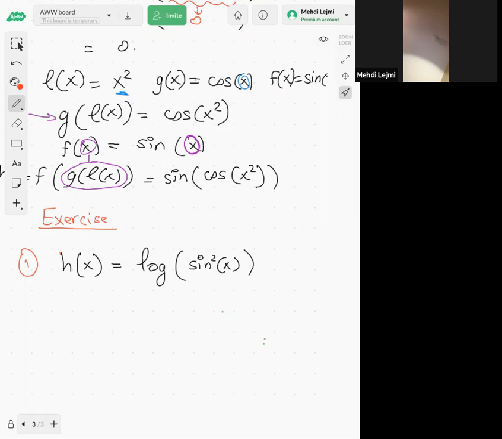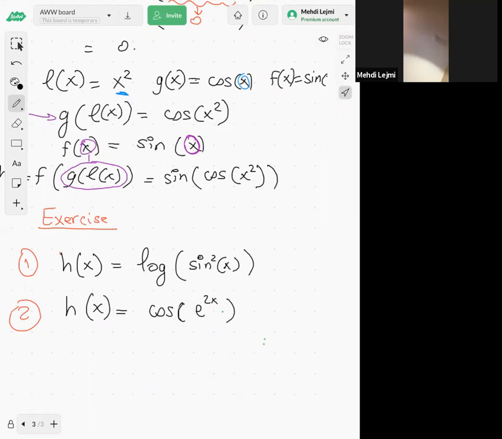Number 2: let's say h of x is equal to cosine of exponential of 2x, right? So the question is the following.